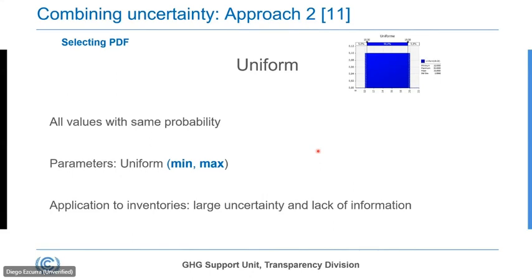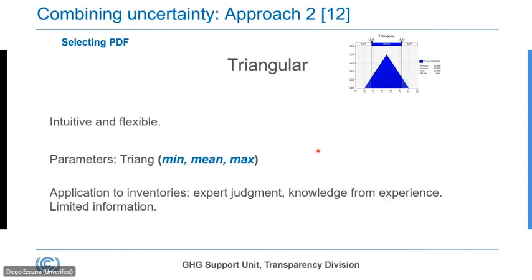So in that case, you may be able to use a triangular distribution. If you know the range and you know the most likely value, and that's the only information you have, you may apply a triangular distribution. And you define it by a minimum value, a maximum value, and the most likely value, or wherever you want this peak to be.